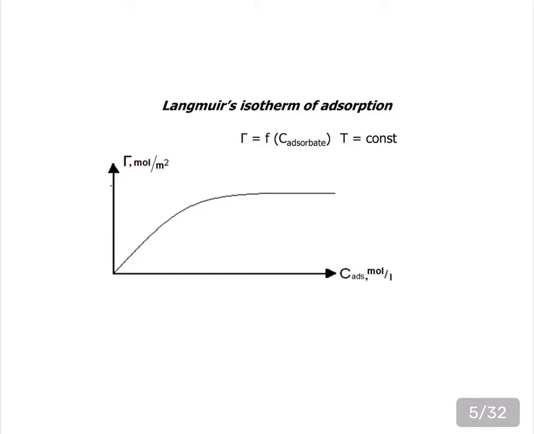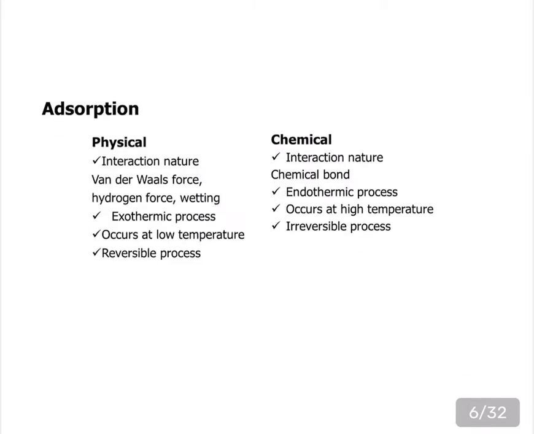Adsorption is divided into two types, physical and chemical. When physical adsorption occurs, there is physical interaction between adsorbent and adsorbate.